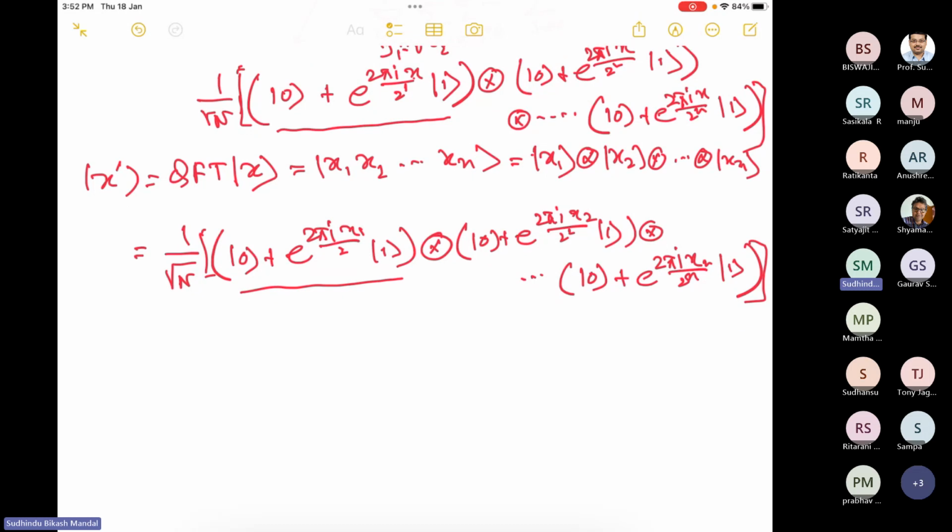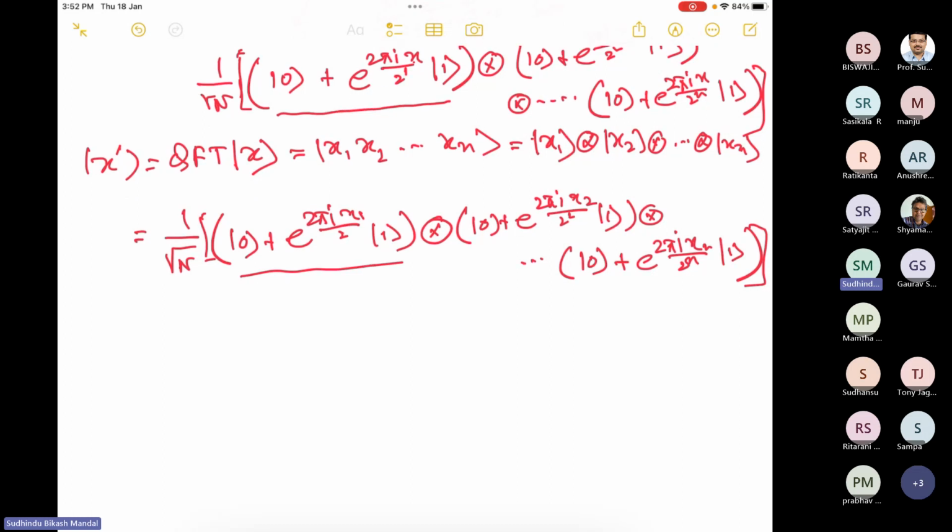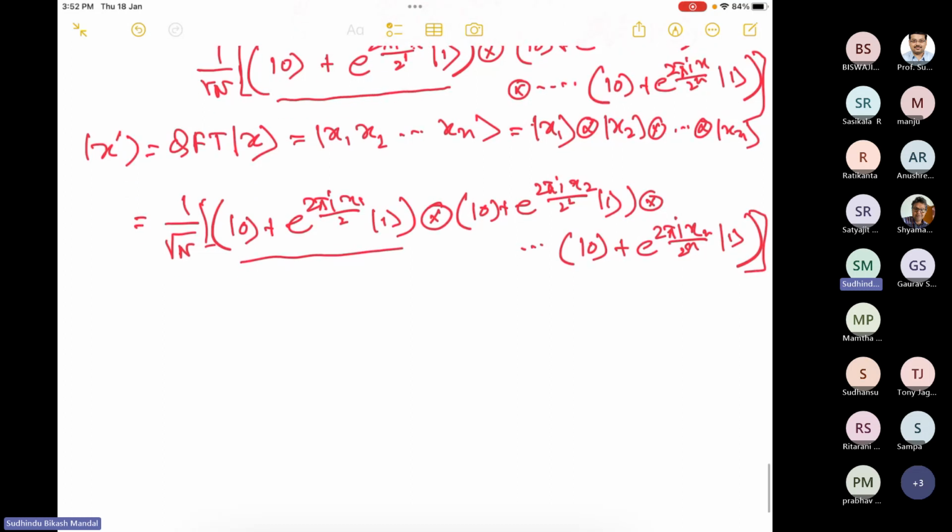And still I need to give you some observation from this expression so that you can very easily design the n qubit QFT. So what is this observation? See, if I multiply each and every term, then we can get some good terms, and they have some good observation. What is that?